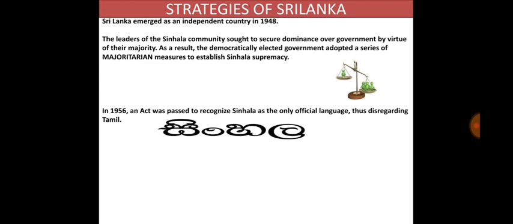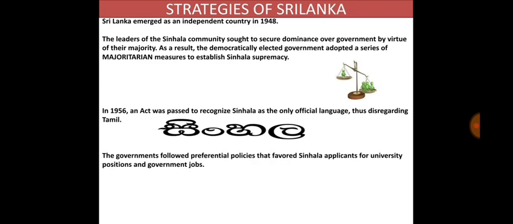The government followed preferential policies that favor Sinhala applicants for university positions and government jobs, and Tamil language speakers are sidelined. That creates dissatisfaction. It creates a feeling of jealousy, a feeling of hatred among Tamil people, because their language, their culture, their tradition are neglected by the majority Sinhala community.